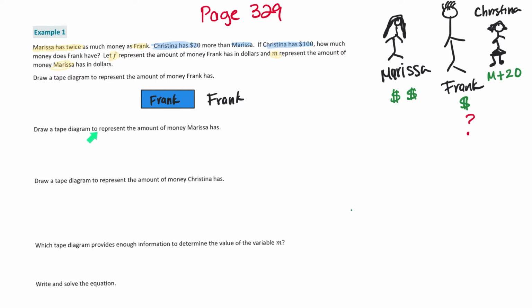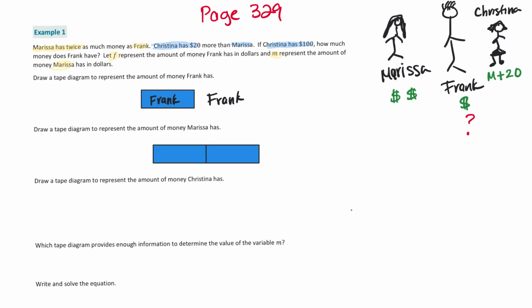Draw a tape diagram to represent the amount of money Marisa has. We know Marisa has double what Frank has. Do you see how our pictures help? I know the pictures are not the best, but it helps. So whatever Frank has, we're going to do it double. 1, 2. I know you guys don't have magic, but I am so sorry.